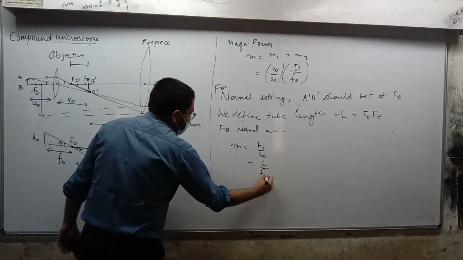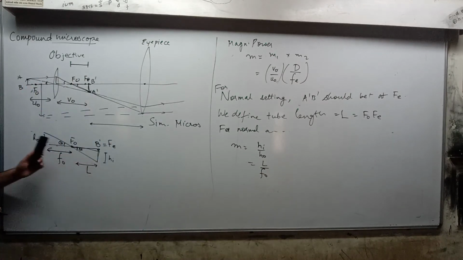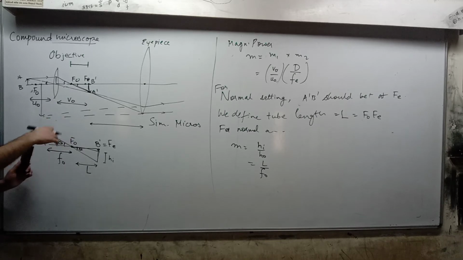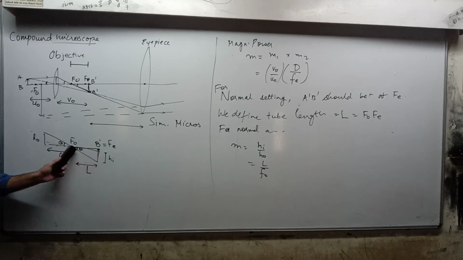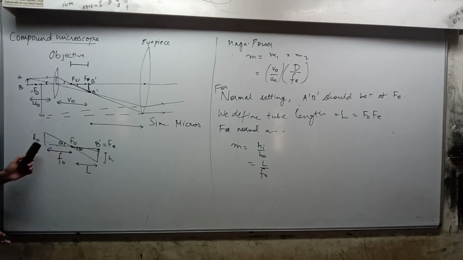Did you understand? Look at this diagram. HI by HO is tan theta, opposite upon adjacent, or by similarity also, whichever you like. So tan theta, HI by L, is equal to tan theta, HO by FO. Based on that, we get HI by HO equal to L by FO.